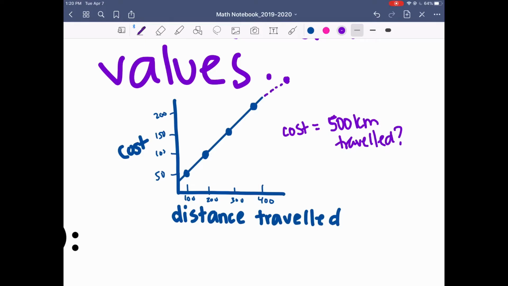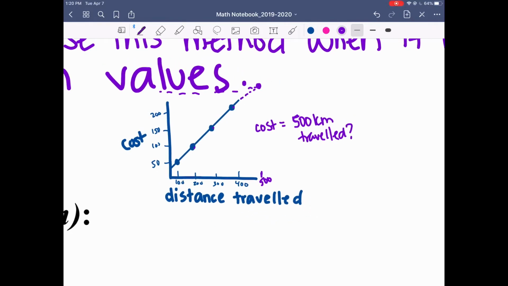If it continues and it's at 500, you can probably figure out what the cost would be based on the pattern that's happening in the graph. It's going up by 50 each time. So you can extrapolate in this graph where you're looking at the trend of the graph and making an estimation beyond the given set of values.